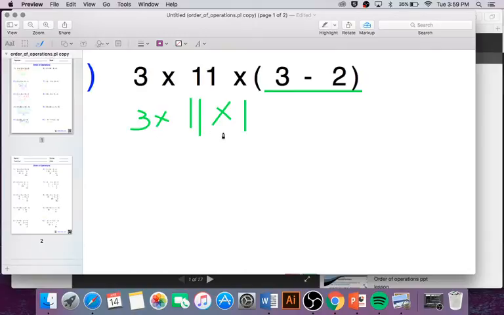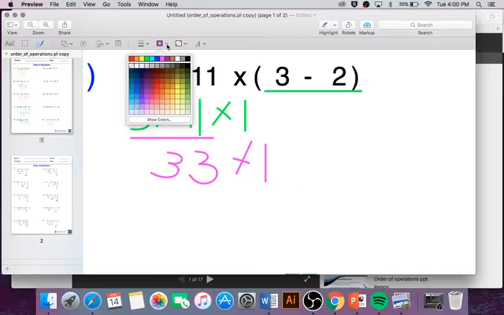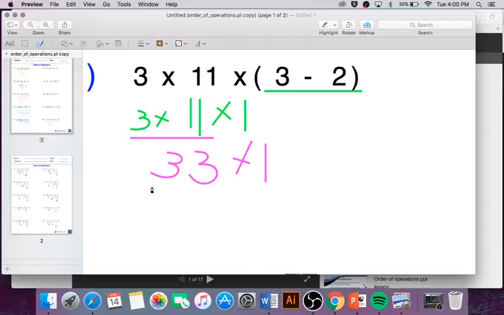Now we have 2 multiplications, so we're going to solve these in the order that they appear from left to right. So we have 3 times 11, which is 33. And we're going to bring down our times 1. Now we're left with 33 times 1. And 33 times 1 is 33.